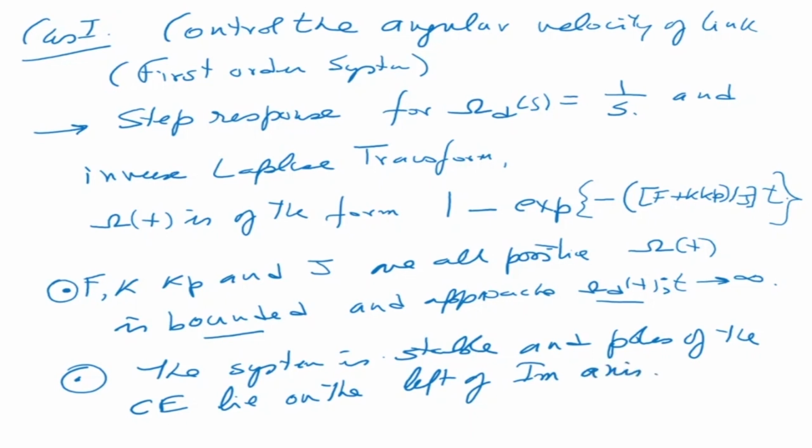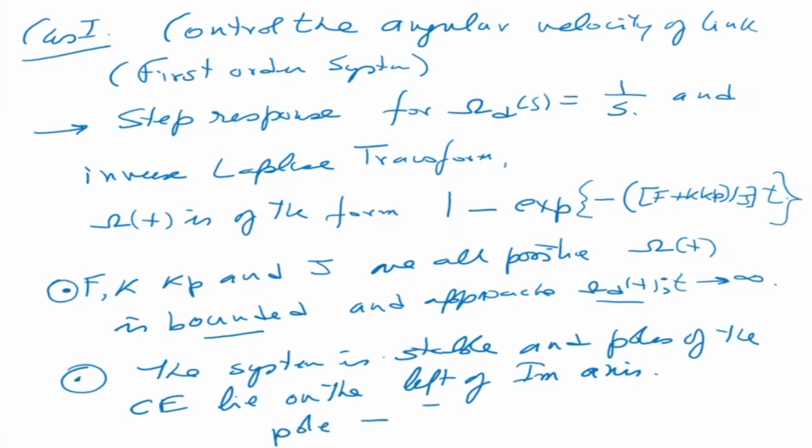In the last class we talked about the response and stability of the system, and we said that if the poles are on the left of your j omega axis, then your system is stable. Here we are seeing that the poles are towards the left of your j omega axis, and so where is the pole?